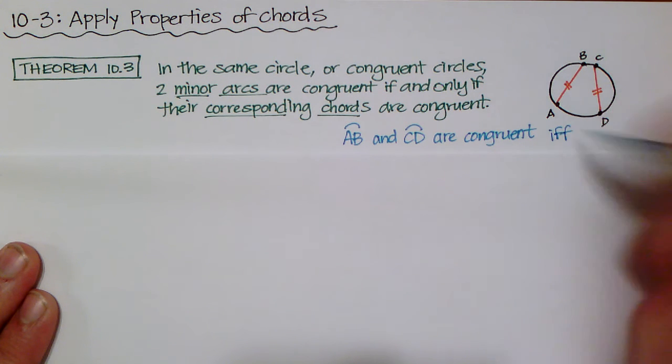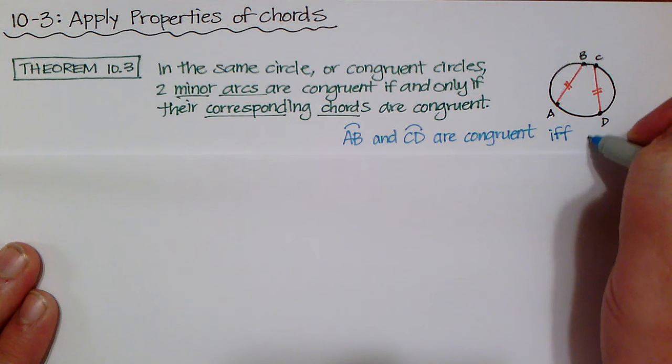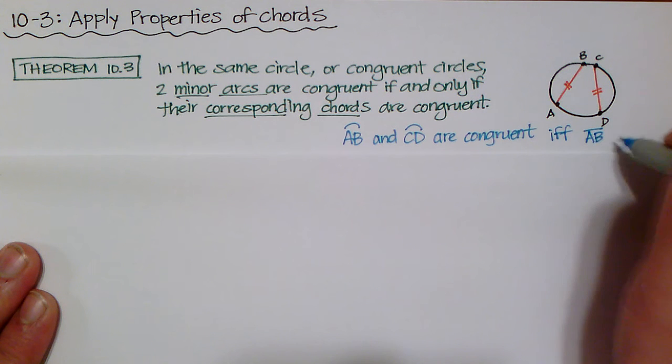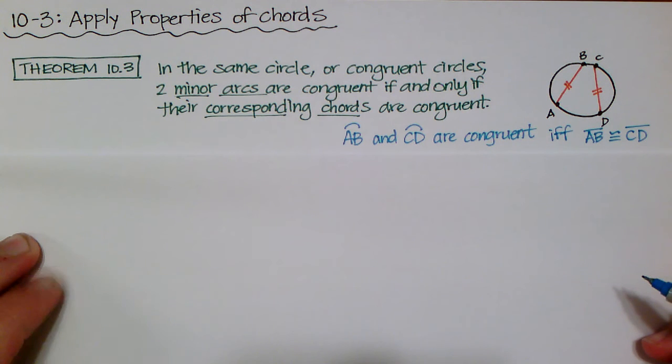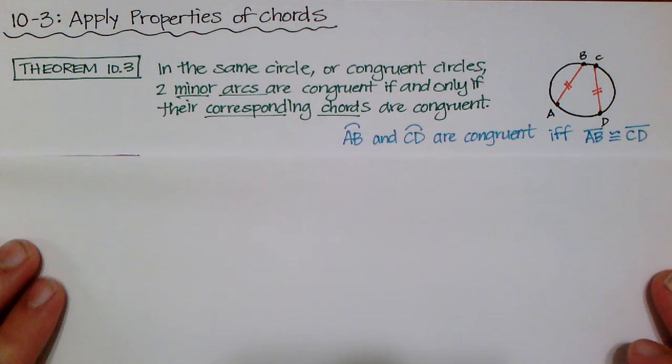So if, I'm going to put the abbreviation for if and only if, AB is congruent to CD. Alright, so that is our first theorem for today. We have 4 of them.